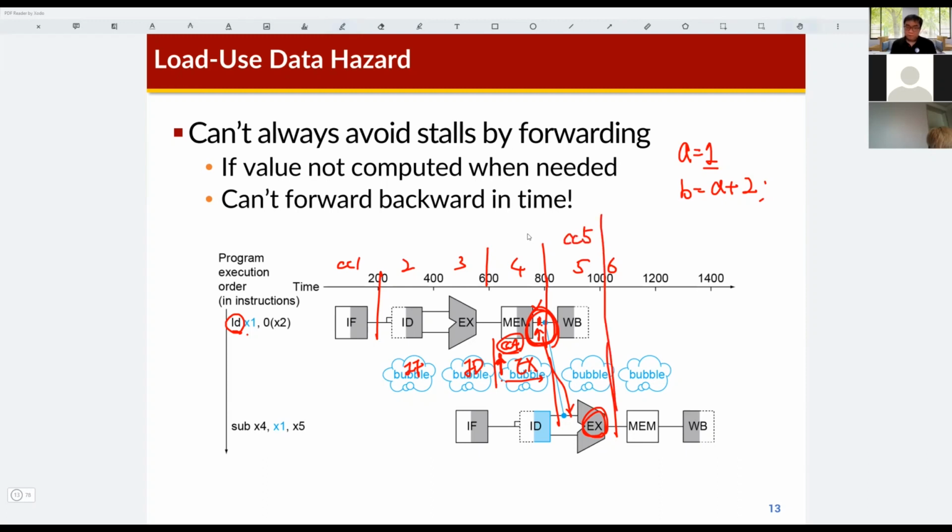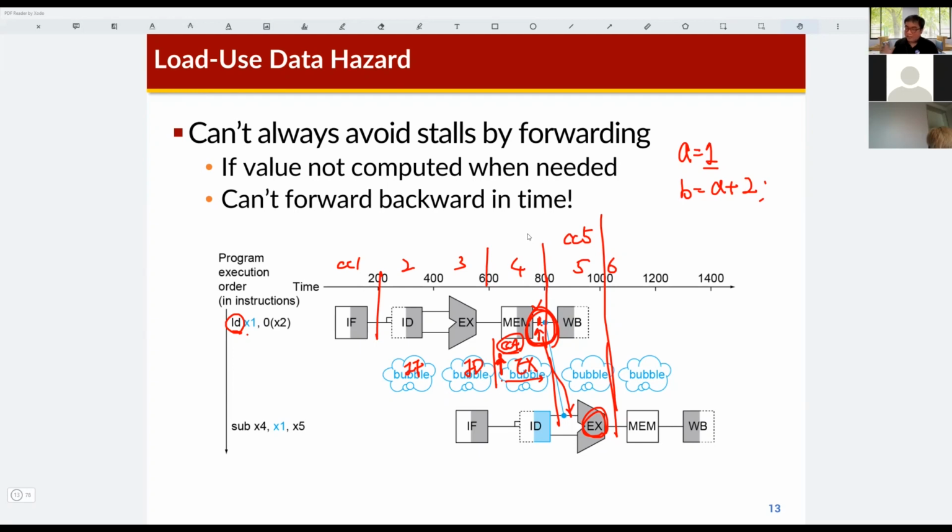So what's the problem? If the former instruction is a load instruction, and the next instruction requires data from this load instruction, then the next instruction will consume 1 more cycle, because it needs to wait until the data is read from data memory.